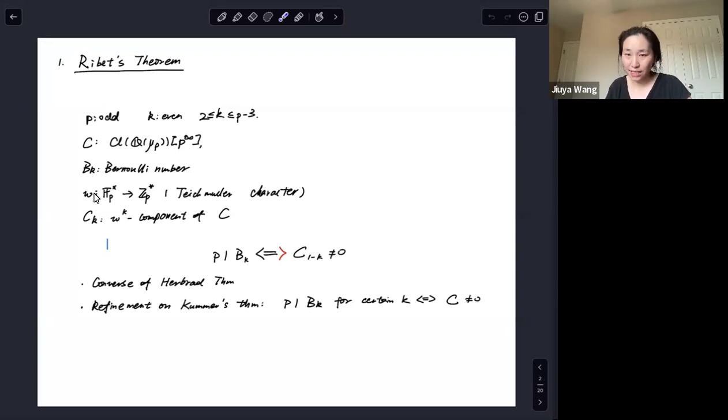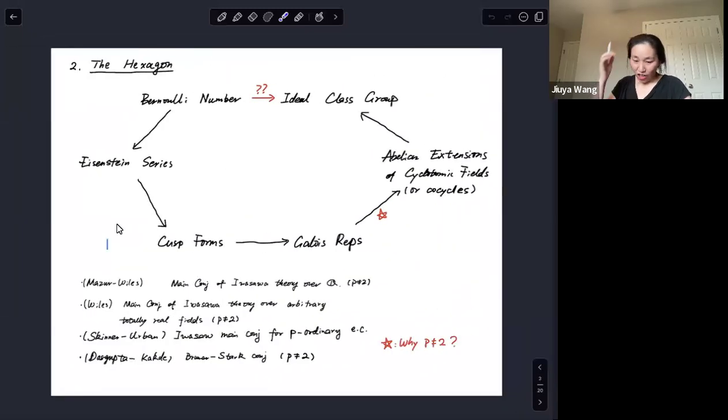It says this is actually an if and only if result, and the idea is via this loop that you have already seen in the morning talk by Shomit. So this hexagon with 6 nodes, each of which is a big object, a big topic in number theory.